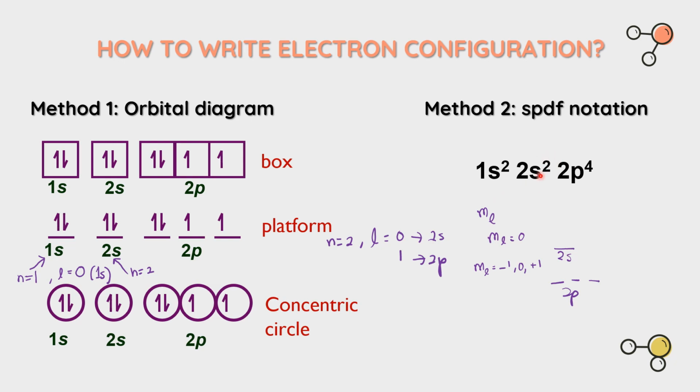And this 2 also is the total number of electrons in this 2s. And for 2p, since we have 4 electrons over here, it will be written as 2p4. Okay, so 4 ini merujuk kepada number of electron in this 2p. So this is the SPDF notation. The superscript here belongs to the number of electrons for each orbital.